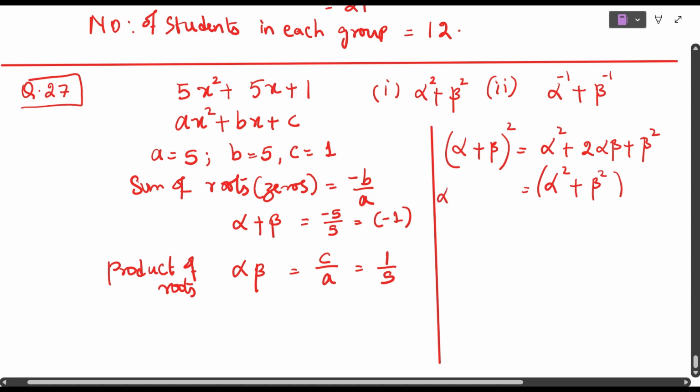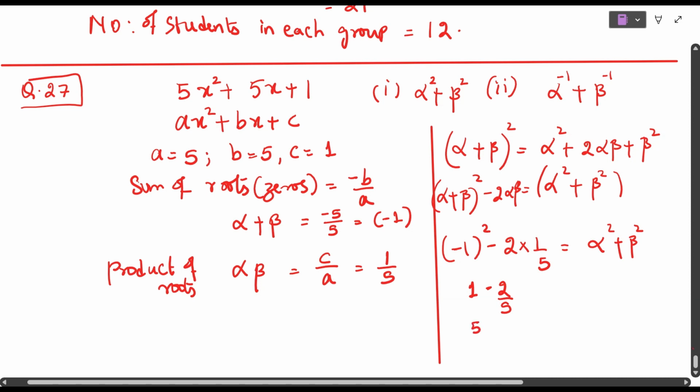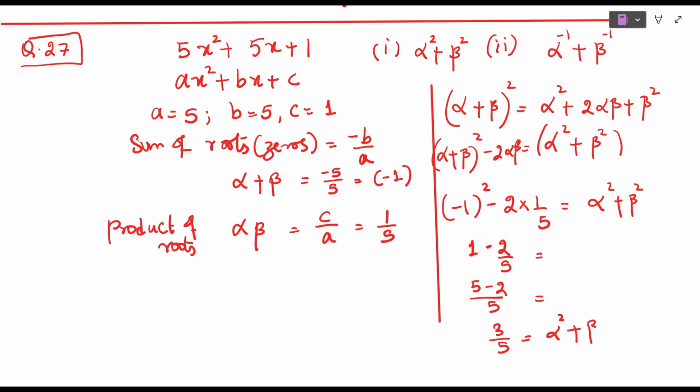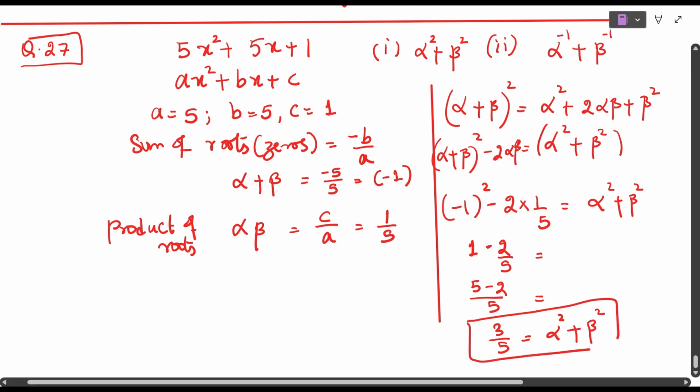So alpha plus beta whole square minus 2 alpha beta. Understand, students? So alpha plus beta is minus 1, whole square, minus 2 into alpha beta which is 1 by 5. That is equal to alpha square plus beta square. Now minus 1 whole square is 1, minus 2 by 5. This gives 5 minus 2 by 5, and this gives how much? 3 by 5. So the value of alpha square plus beta square will be equal to 3 by 5.